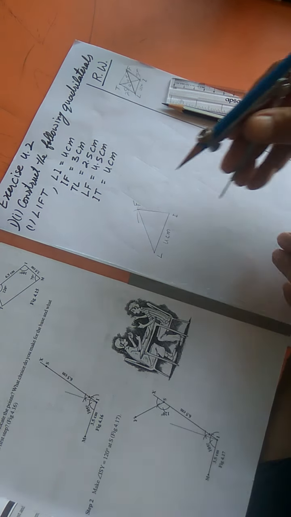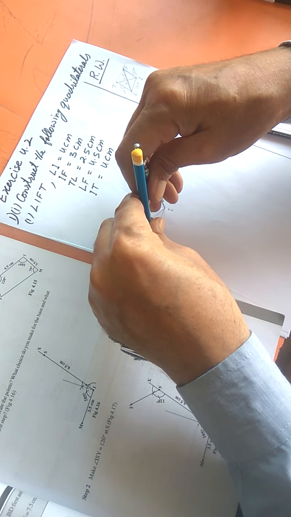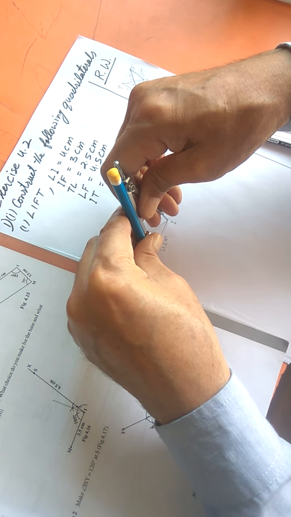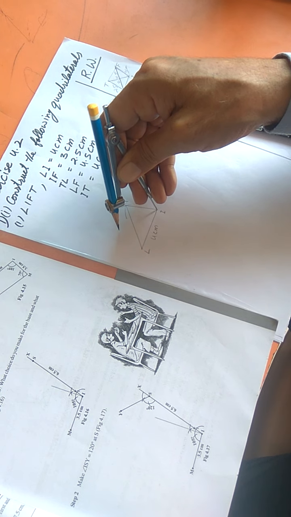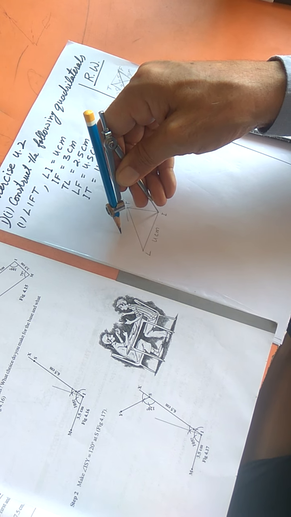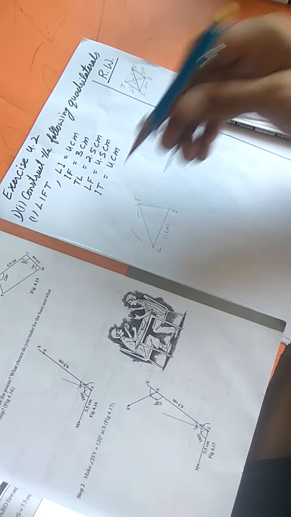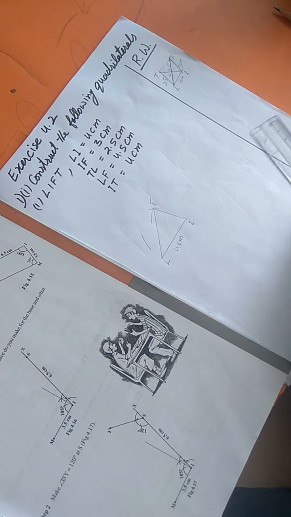So let's take up 4. As we know, this distance is also 4. So we can measure from here. This is 4, right? So let's draw this arc. And this side you have to take 2.5.